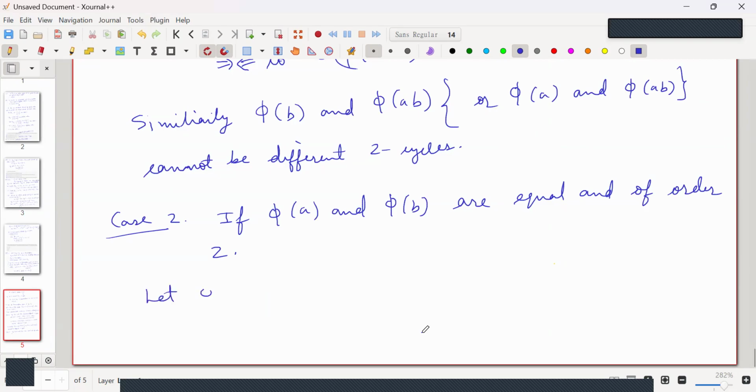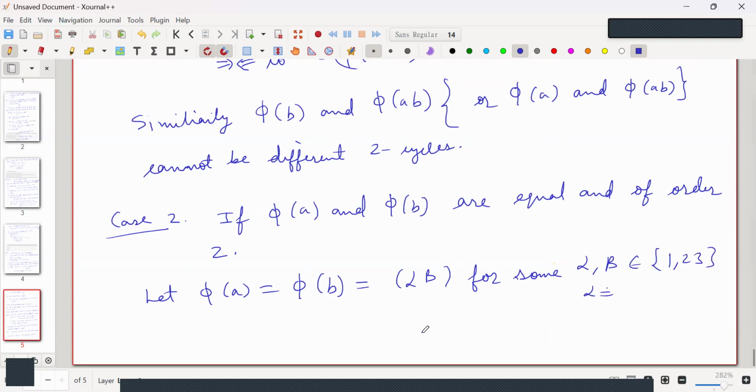So let phi A be equal to phi B, and that is equal to, say, alpha beta, where alpha, beta belong to 1, 2, 3. And of course, we are assuming that they cannot be the same.